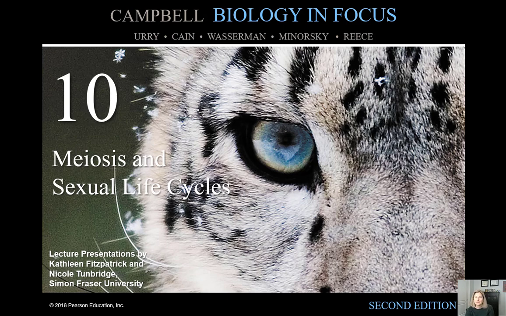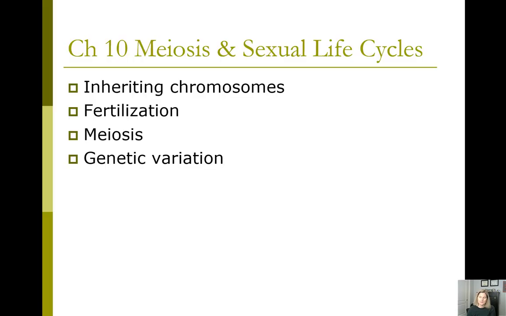So today we're going to get into chapter 10, which basically we're going to look at meiosis. Okay, so we talked pretty extensively about mitosis, where we have our somatic cells dividing and basically making identical daughter cells from them. Meiosis is a little different because we're working with our gametes.